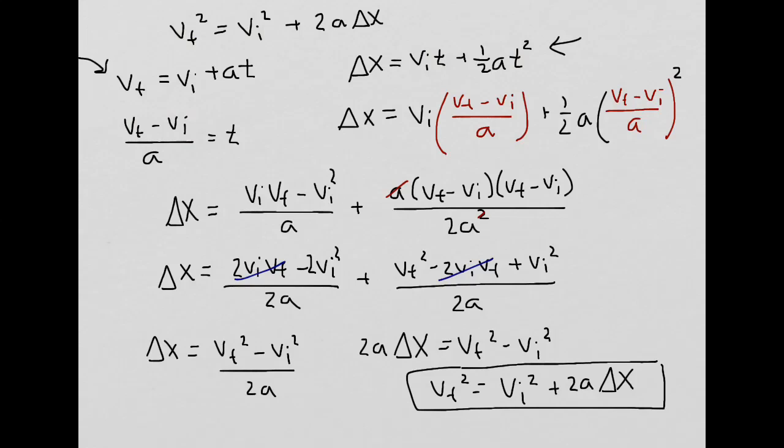Okay, so let's wrap this up on the next slide. So our 3 important formulas are vf equals initial velocity plus acceleration times time. So that gives us final velocity. Change in position is equal to initial velocity times time plus 1/2 acceleration times t squared.